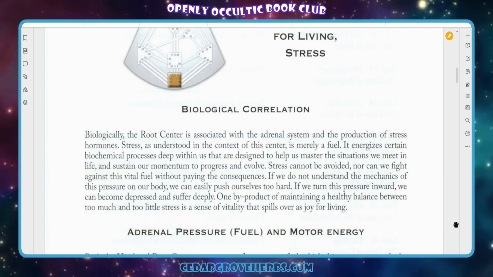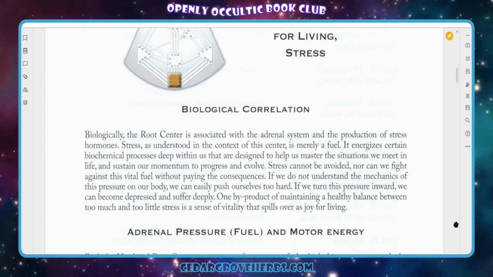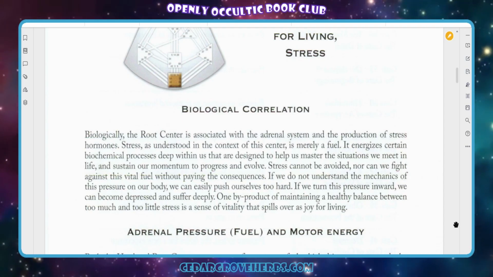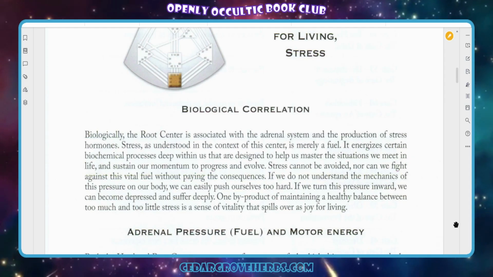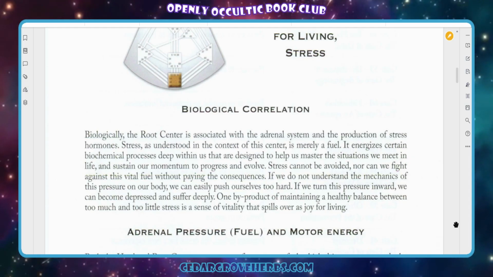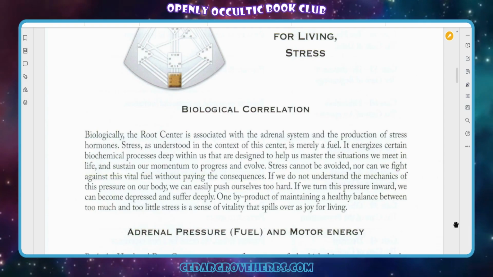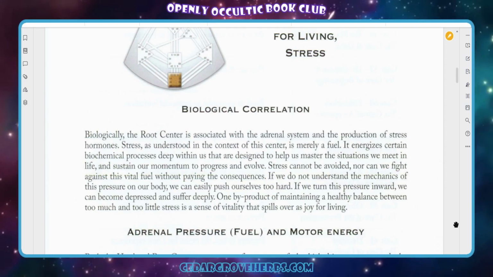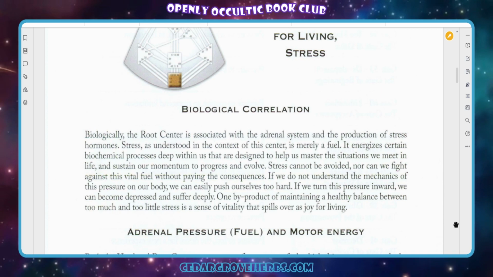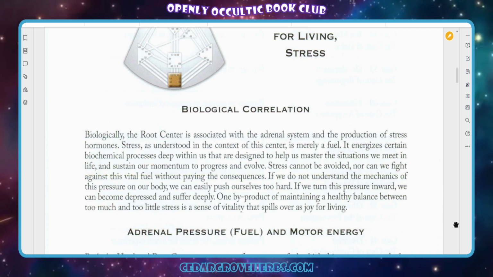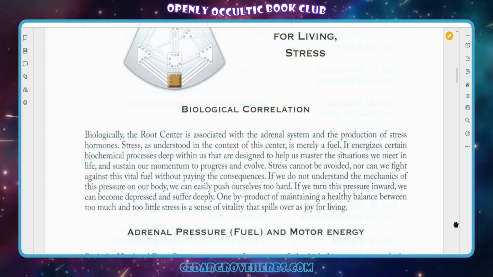It energizes certain biochemical processes deep within us that are designed to help us master the situations that we meet in life and sustain our momentum to progress and evolve. Stress cannot be avoided, nor can we fight against this vital fuel without paying the consequences.